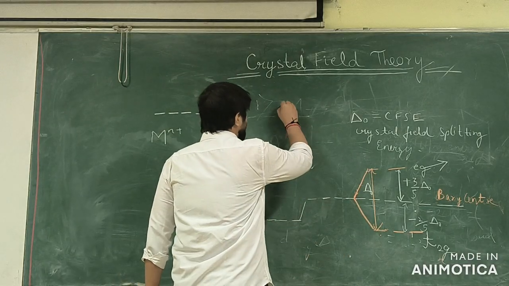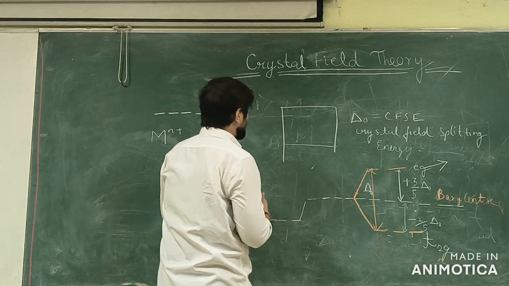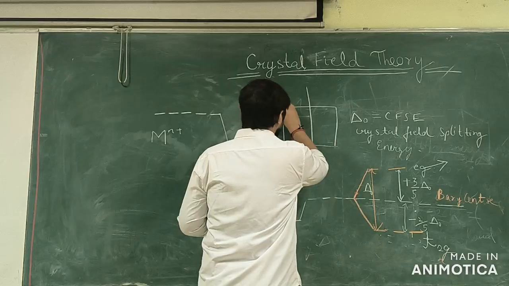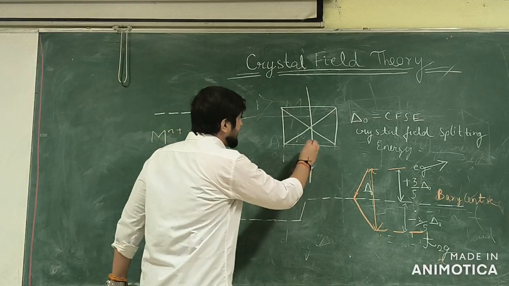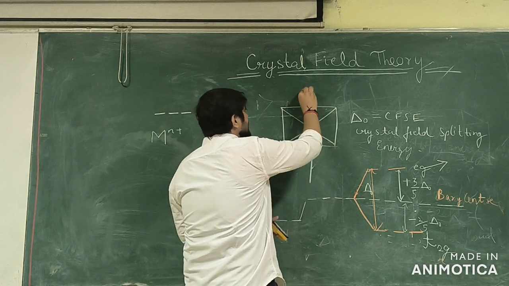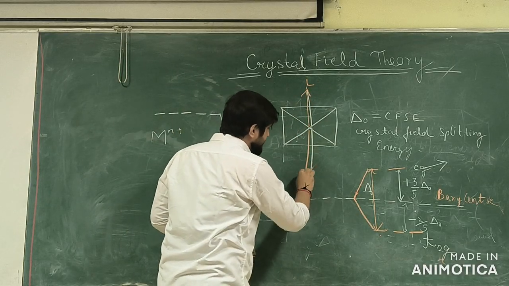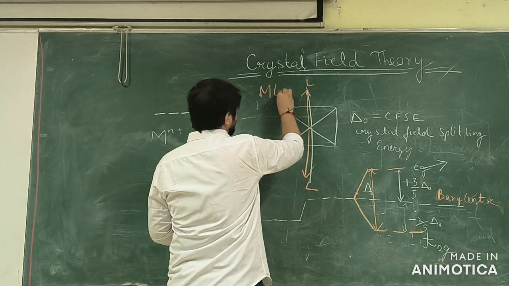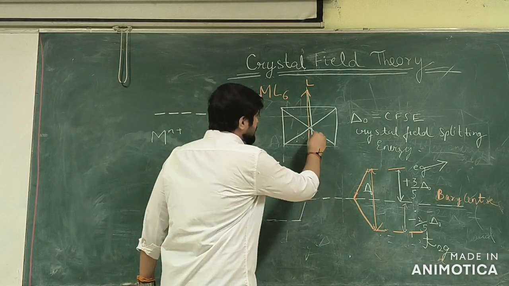What it means when you say it is gerade is that, see, if this is an octahedral compound, then if you move upwards, you will find a ligand L. If you move downwards, you will also find a ligand L. For example, for some ML6 complex, you will find another ligand L also.